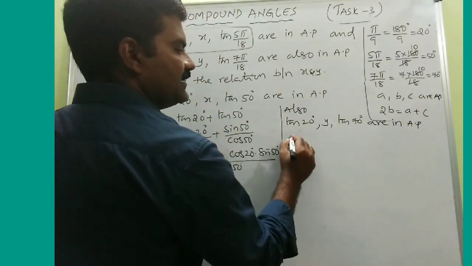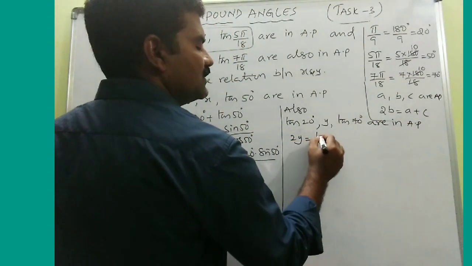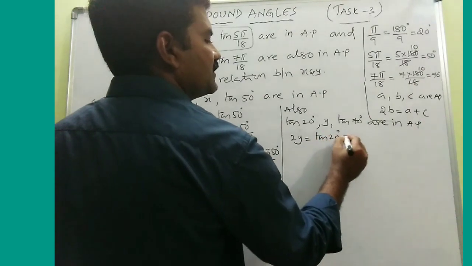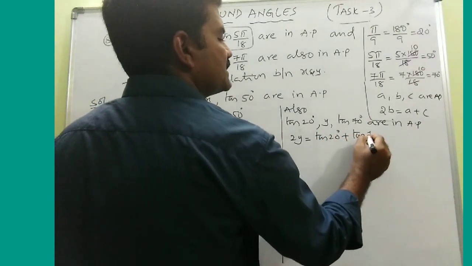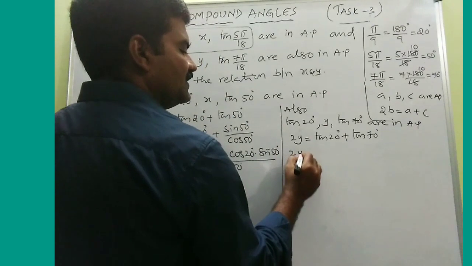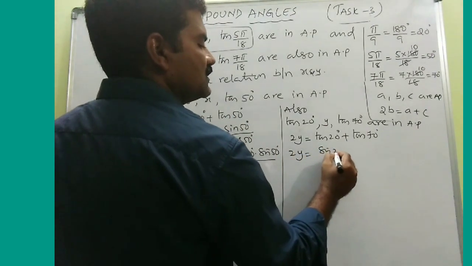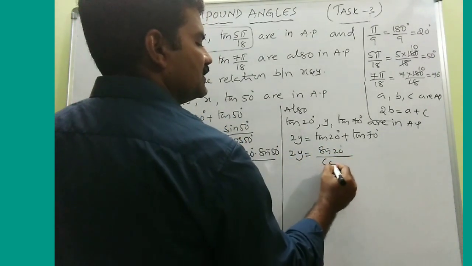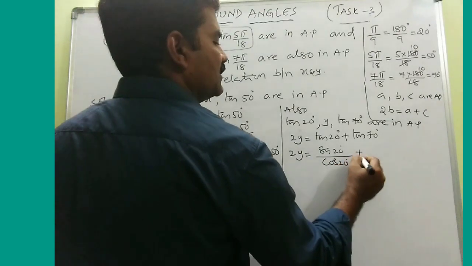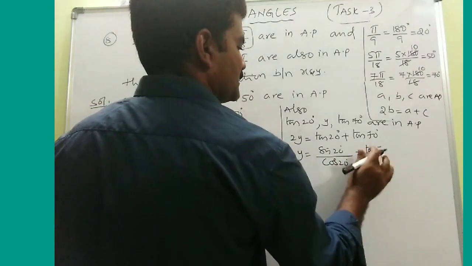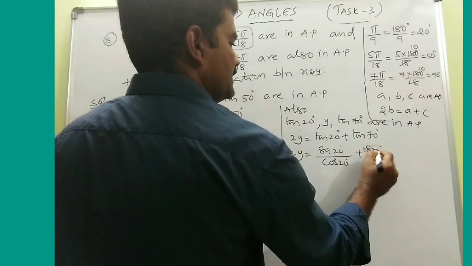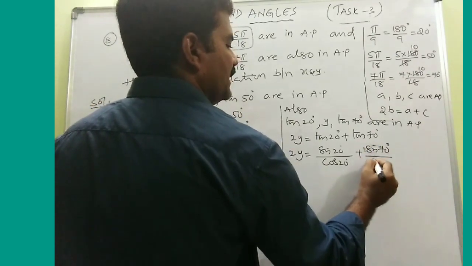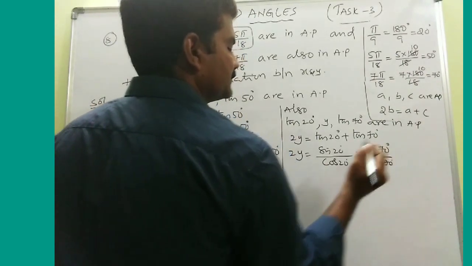And here also I can write 2y equals tan 20 plus tan 70. Then 2y equals, this is also sine 20 by cos 20 plus sine 70 by cos 70 degrees.